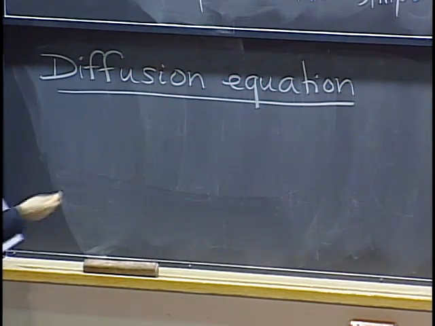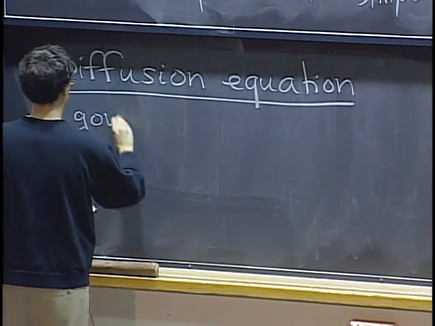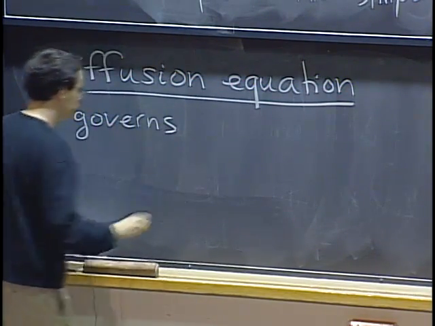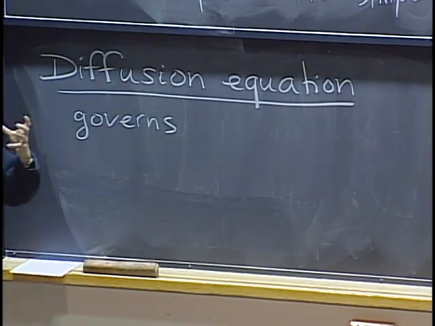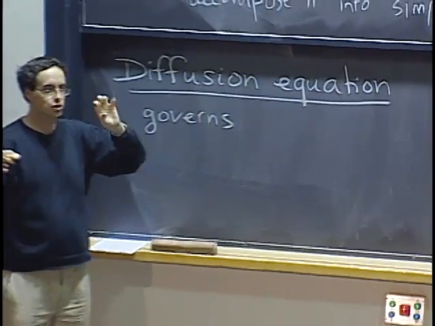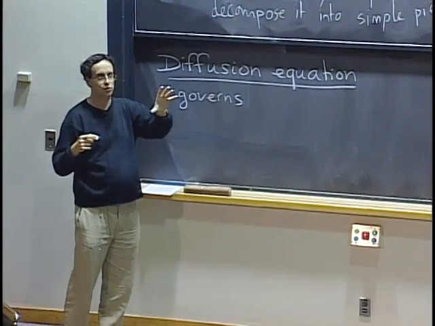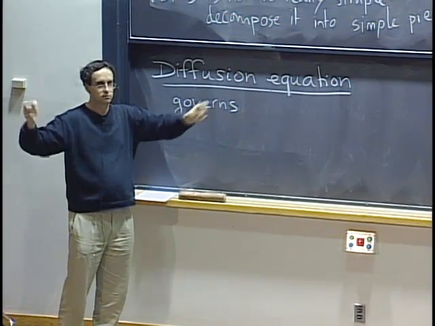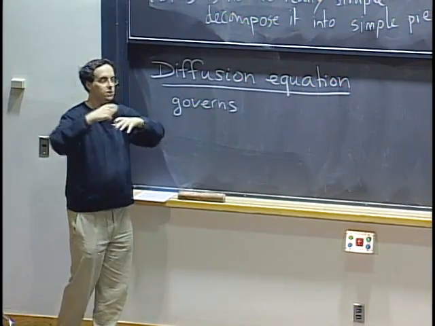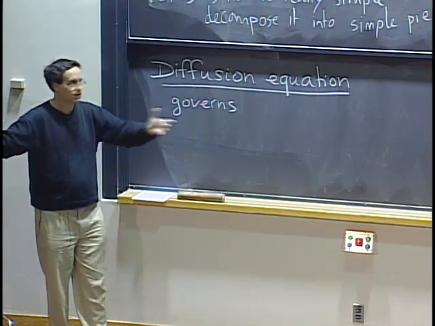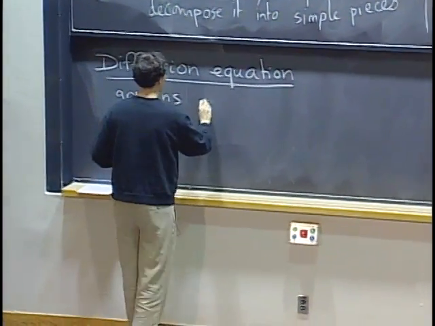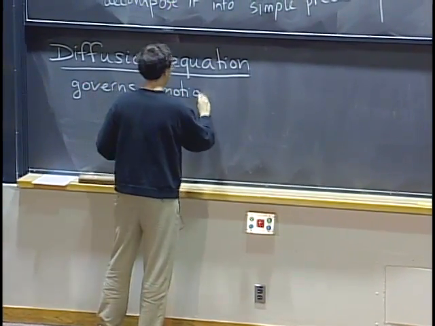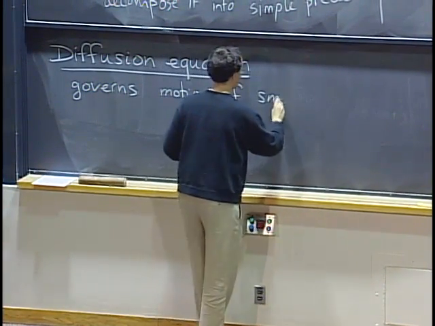The diffusion equation is something that governs what's called diffusion. Diffusion is when you have a fluid in which you're introducing some substance and you want to figure out how that thing is going to spread out, the technical term is diffuse, into the ambient fluid. For example, that governs the motion of smoke in the air.